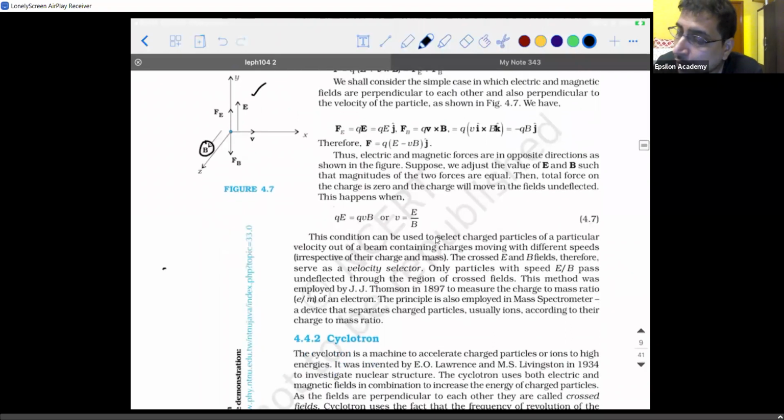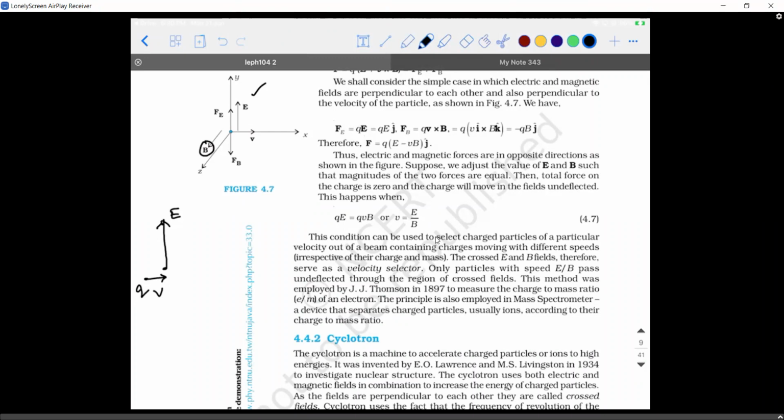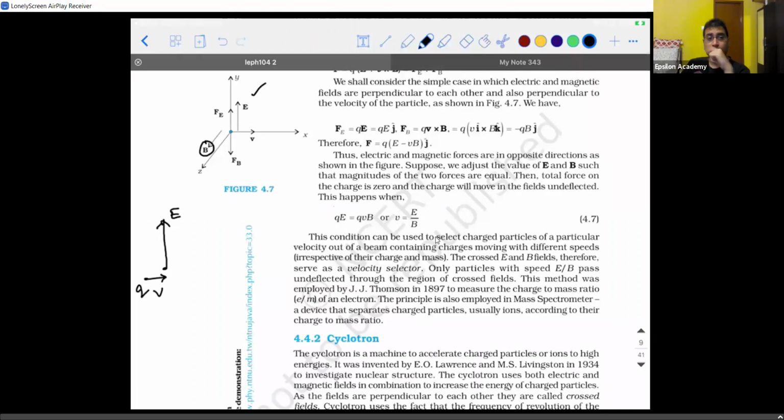See, if only the electric field was existing, and I give velocity to the particle in this direction, what do you think would have happened to this charged particle? Due to the electric field, when a charged particle is projected into it, what will happen to it? It will not move in a circular path; it moves in a circular path only in a magnetic field.